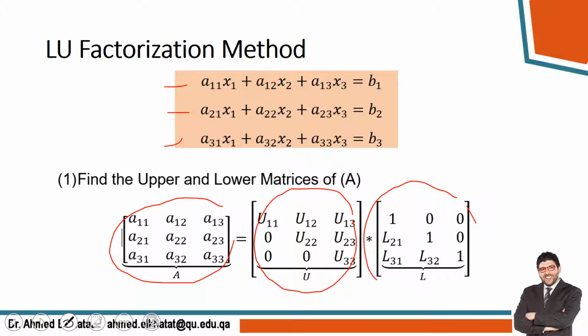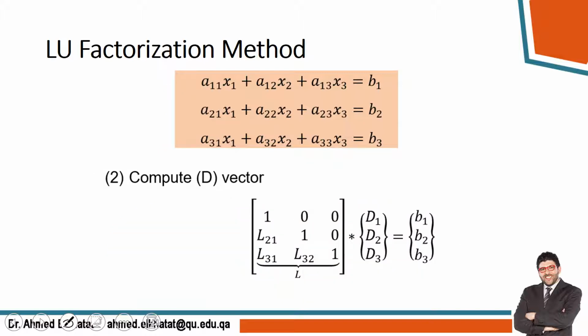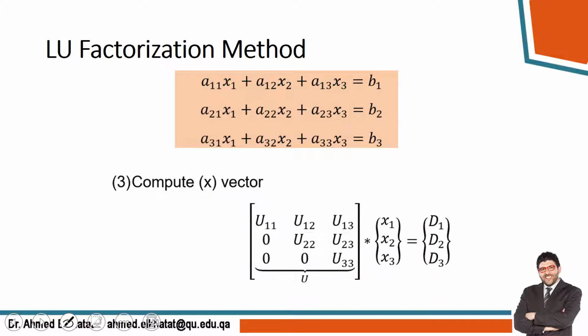I will show you how to find the lower matrix. Then we can compute D, because L times D equals B, and since we know L and B, we can find D. After that, since U times X equals D, and D and U are known, we can find X. So this is a brief of how we can use the LU factorization method.